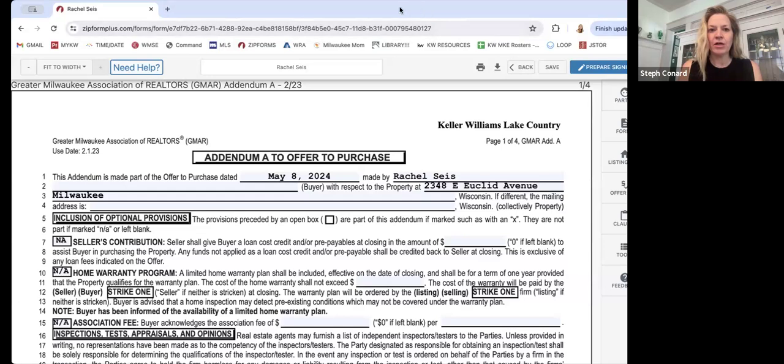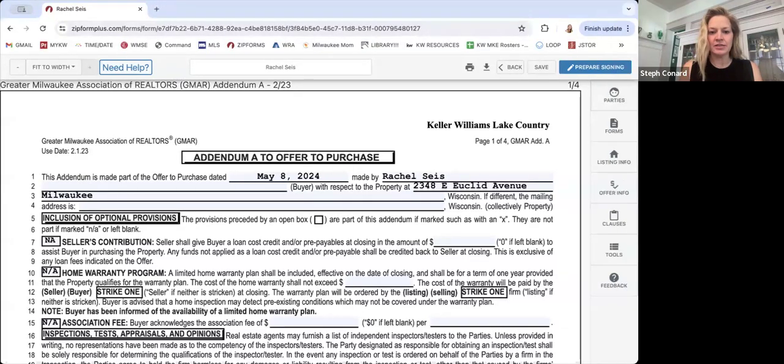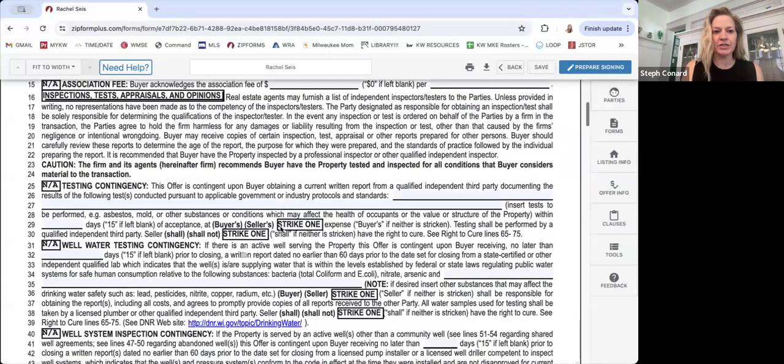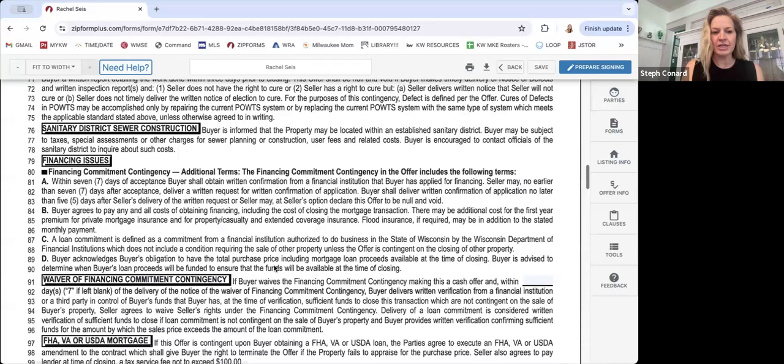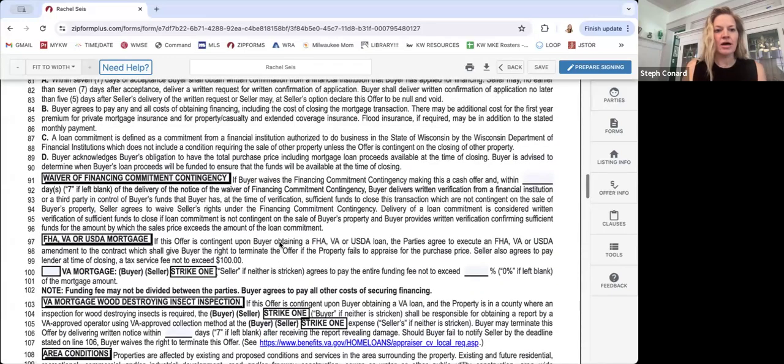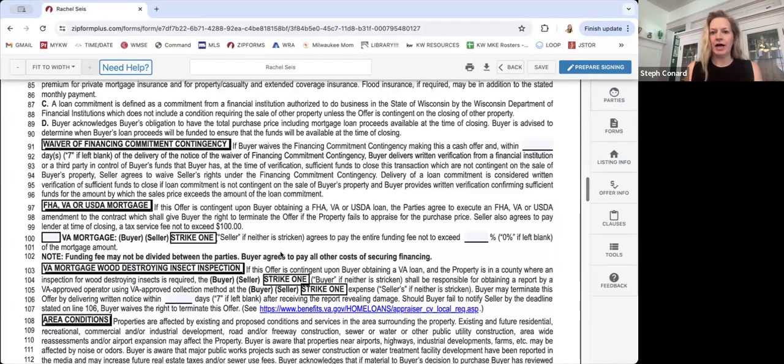What I want you guys to hear first, and this is a common question that Joan and I get, is what happens if I'm not using some of these provisions, or contingencies, that are spelled out on the Addendum A? Do I need to use it? And the answer is yes. There are a lot of provisions buried, that are just crash printed here, that may or may not apply to your transaction.